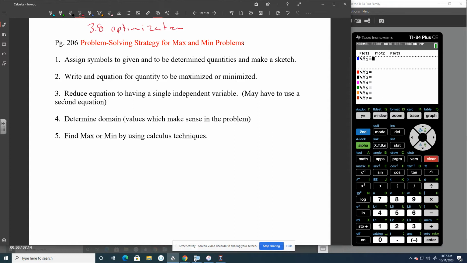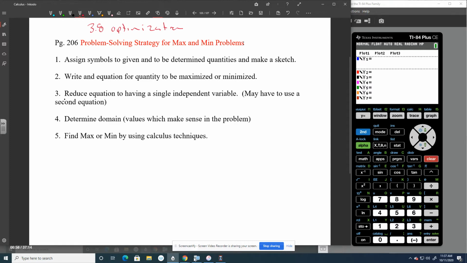We're writing an equation that we want to maximize or minimize. So if we want to maximize the cost, we need to write an equation. I guess we would never want to do that. If we want to minimize the cost, we would write an equation that involves cost. If we wanted to maximize distance, we would write an equation involving distance.